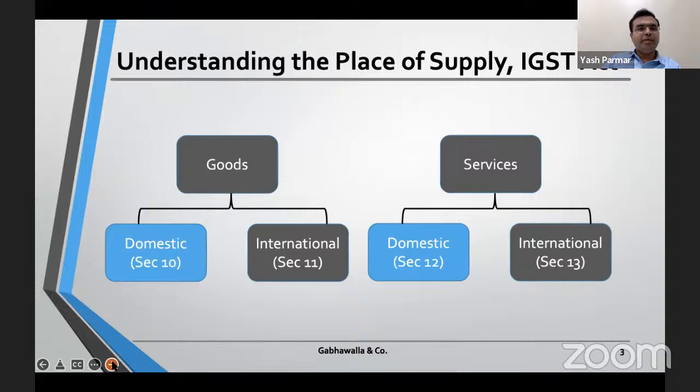Today, because we'll be dealing only with international transactions, we'll be touching upon Section 11 and Section 13 of the IGST Act. Section 11 deals with place of supply provisions for goods for international transactions, and Section 13 deals with place of supply of services for international transactions.